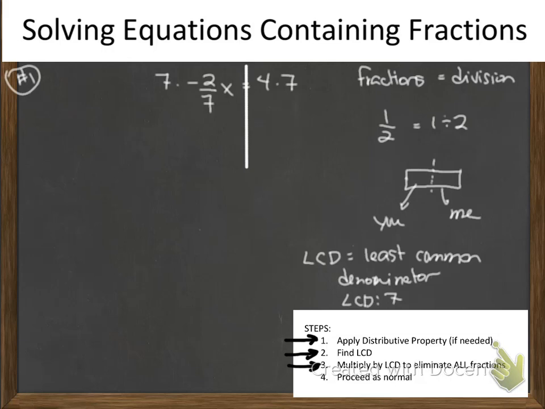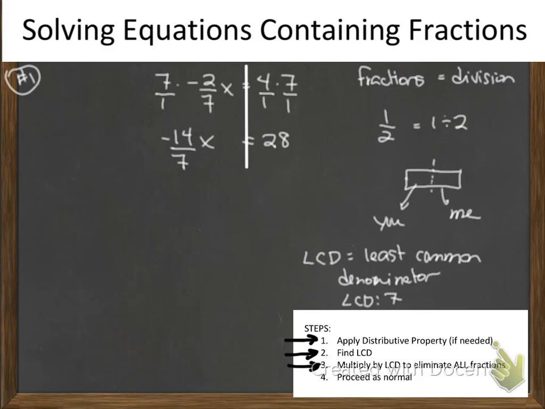If it helps you, you can rewrite it as 7 over 1, and then you realize we're just multiplying across. So 7 times -2 gives me -14. Then 1 times 7 on the bottom gives me a 7. I still have my x, of course, and then 4 over 1 times 7 over 1 is 28 over 1, or just 28.